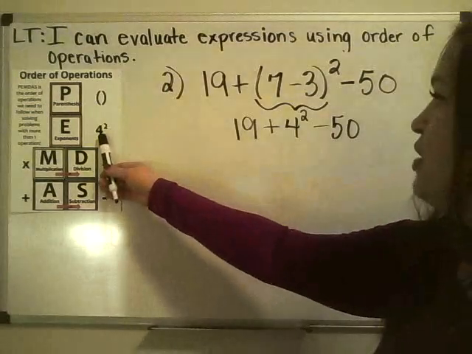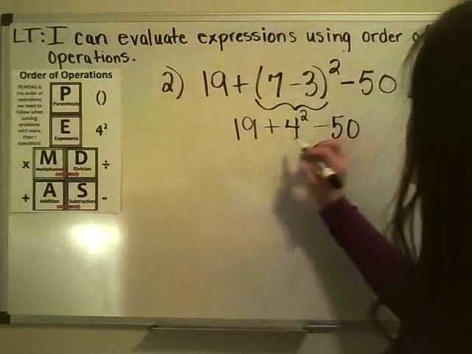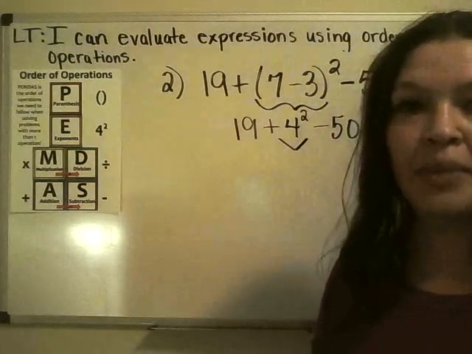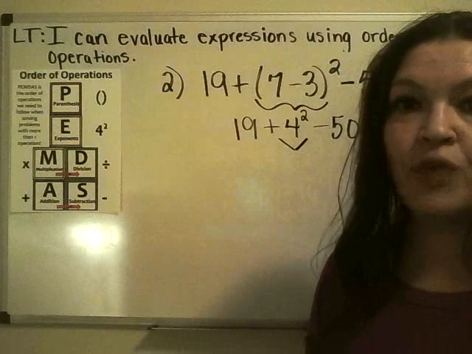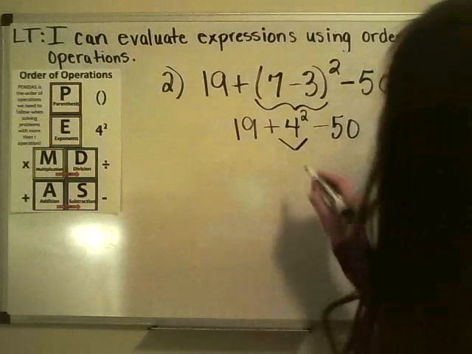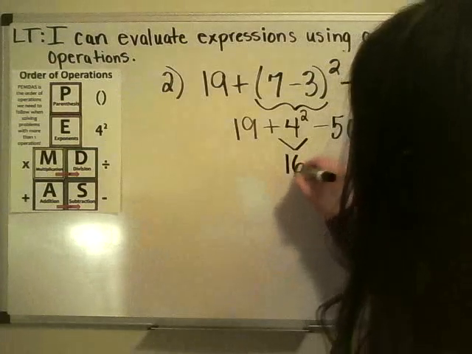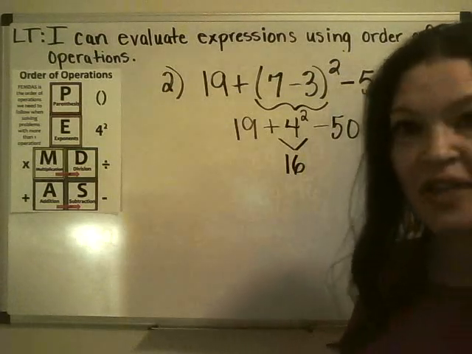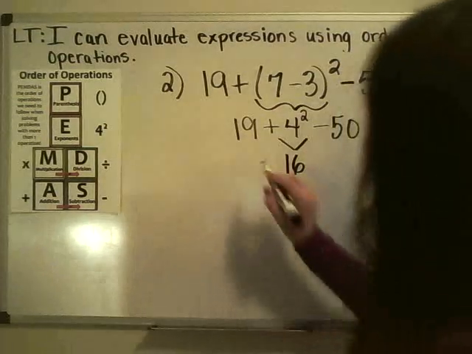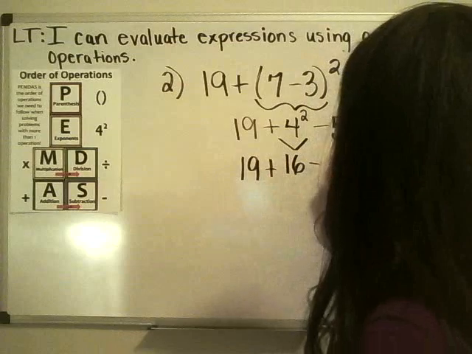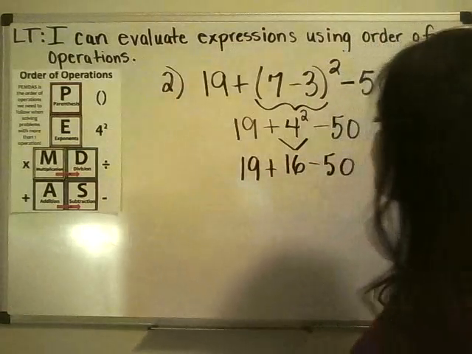We have an exponent that needs to be solved. So we're going to go 4 squared. That means 4 times 4. 4 times 4 is 16. Bring down everything that you have left in the exact order that it's in. 19 plus, and then minus 50.